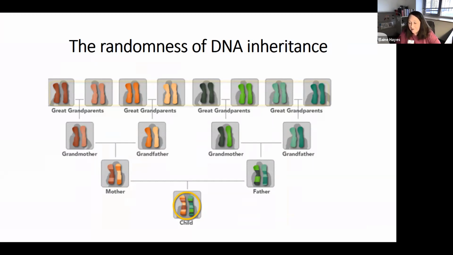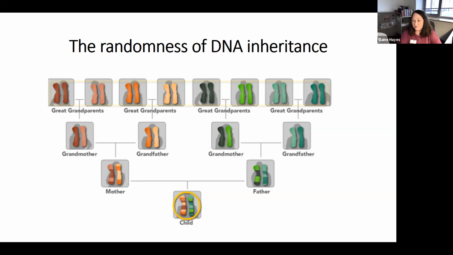So your brother and your sister have different DNA ethnicity percentages because they got a little bit different from each parent. So you have 50% from each parent, but you got a totally different 50% than your sister or your brother did. And it gets mixed up.